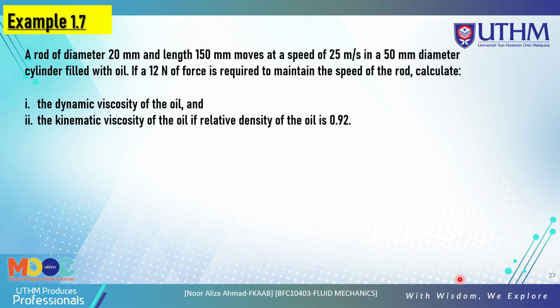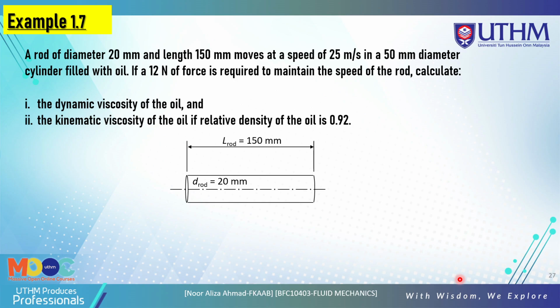Now look at the example. A rod of diameter 20 mm and length 150 mm moves at a speed of 25 meters per second, filled with oil. Find the dynamic viscosity and also the kinematic viscosity.